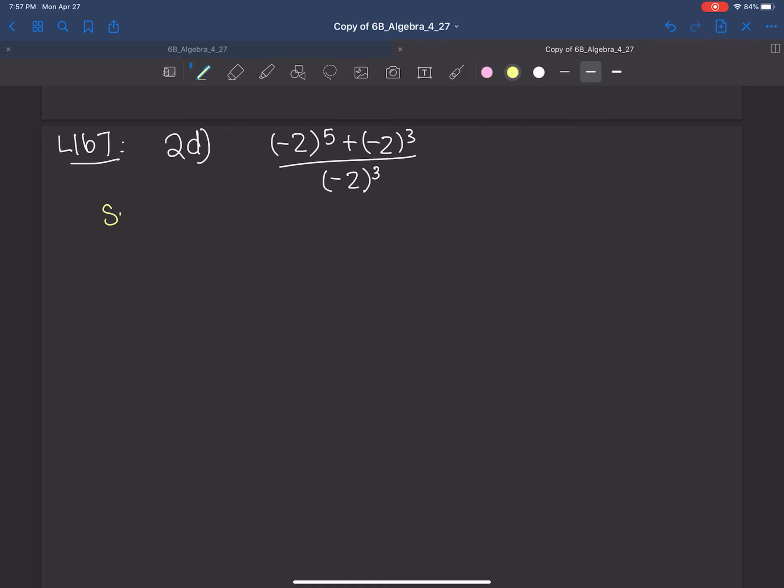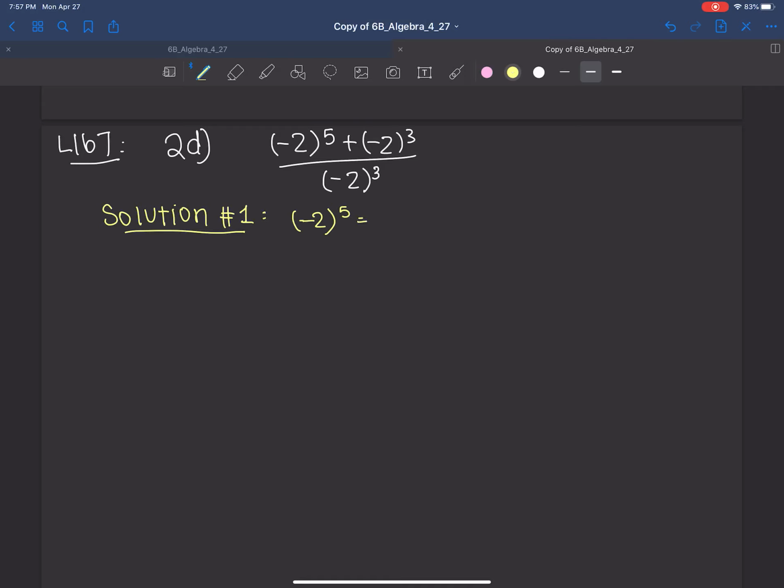Otherwise, there are two basic ways I can think of to do this. Solution number 1. First, I just want to use PEMDAS, okay? PEMDAS is telling me to do exponents first. I'm going to do minus 2 to the 5th.